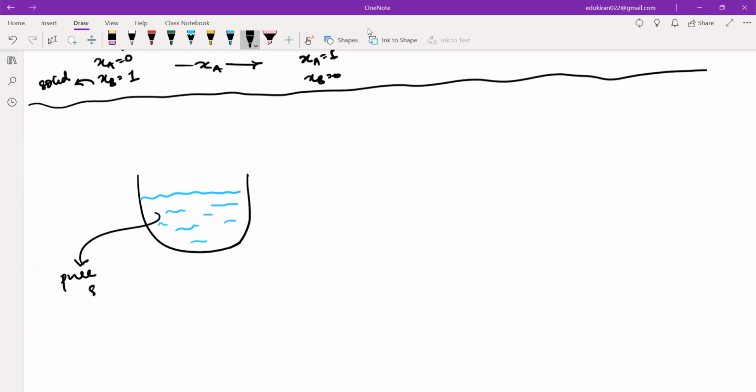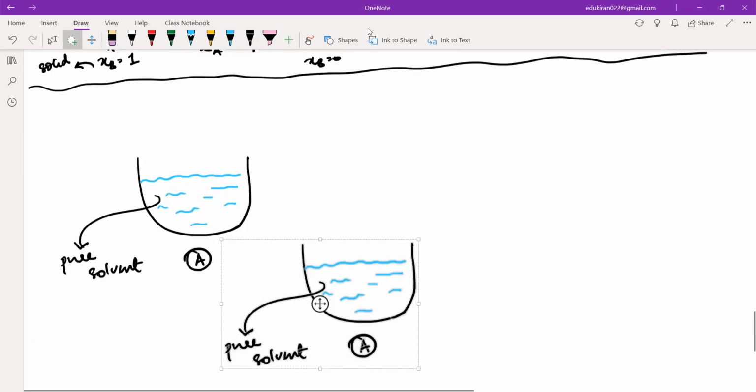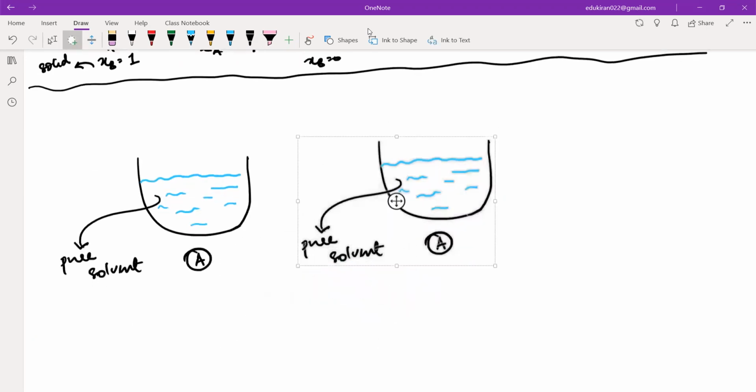Let's say this is container A. And there is a similar container. In this container, we have solvent as well as some solid solute. It's going to be B.